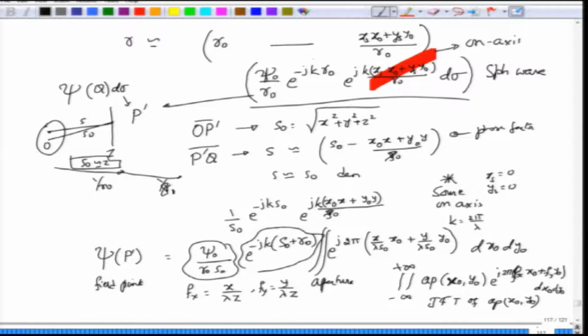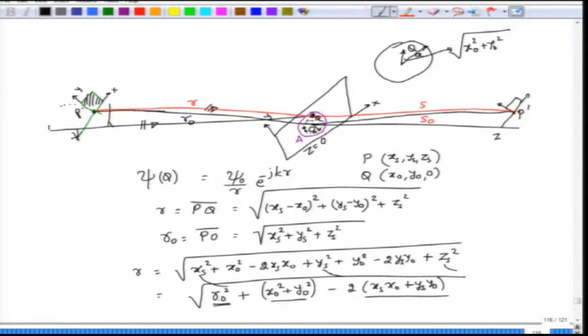Before we go to that, we can slightly more rigorously consider what we have neglected and what assumption we have made. We said r0 square is much larger than x0 square plus y0 square. Actually, when you use the binomial theorem, the term that you would have obtained and neglected is x0 square plus y0 square divided by 2 r0 square.